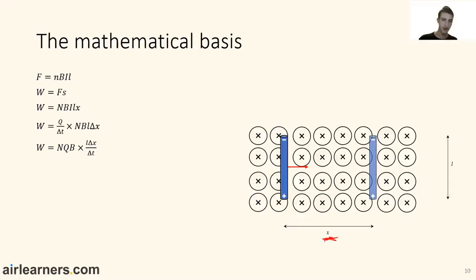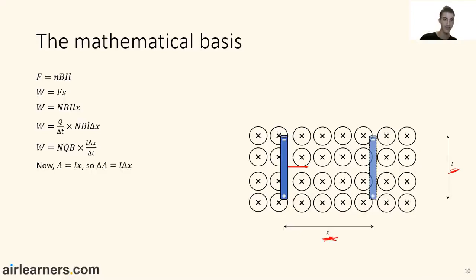We can then rearrange this equation so that we end up with N, Q, and B on one side, and we multiply that by length, so L, which is over here, delta X, because that's what we're changing, and delta T being the change in time.